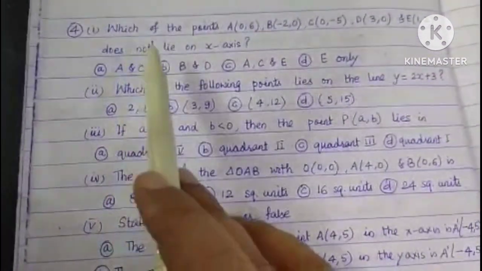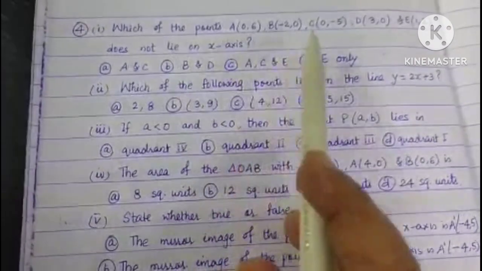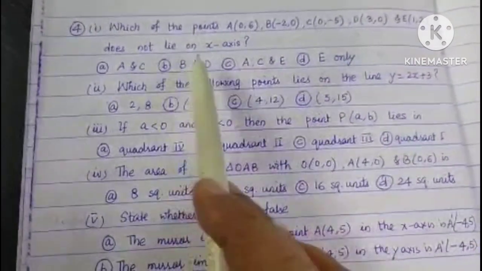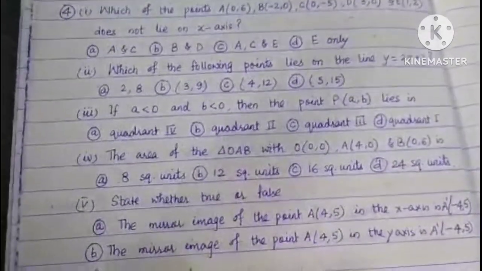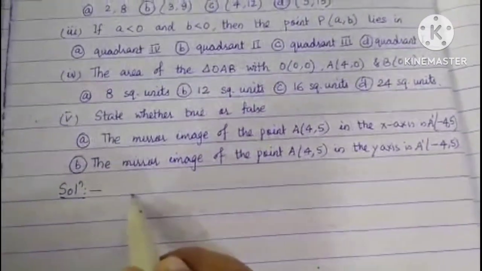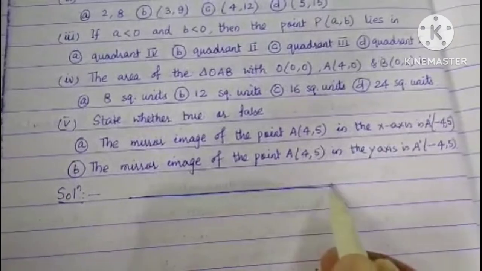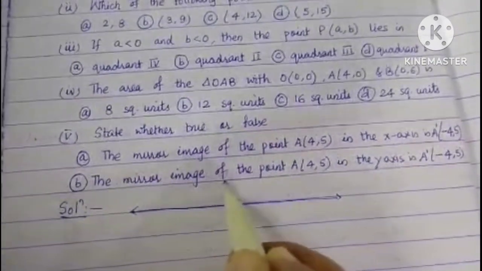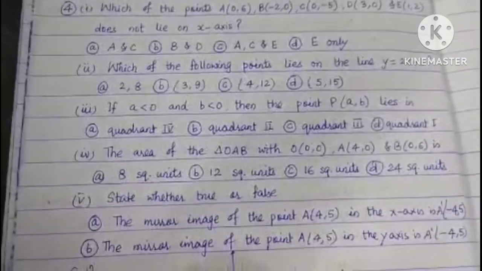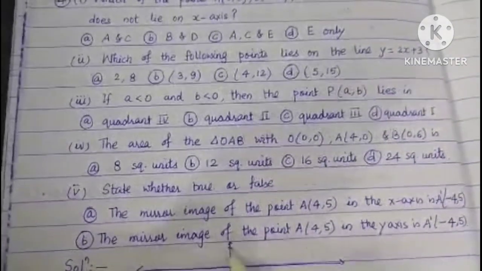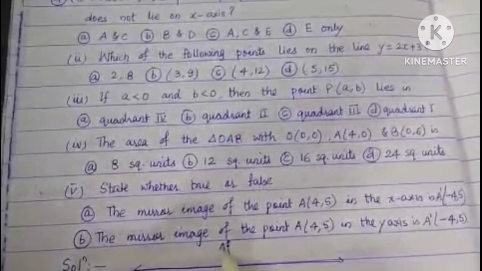So question 1 is, which of the points A, B, C, D and E does not lie on x-axis? So let us plot the points. Okay, let us plot the points, we will understand. The point A is 0, 6. Suppose this is 6, so the point A will lie here.